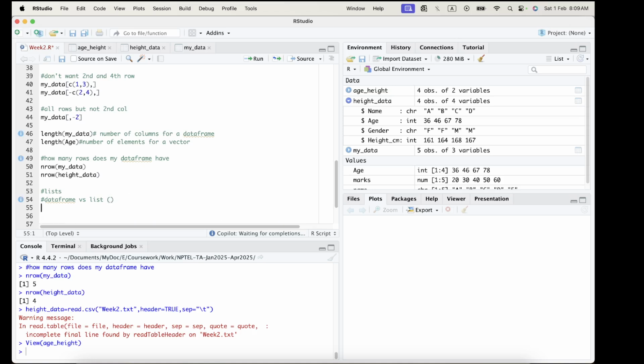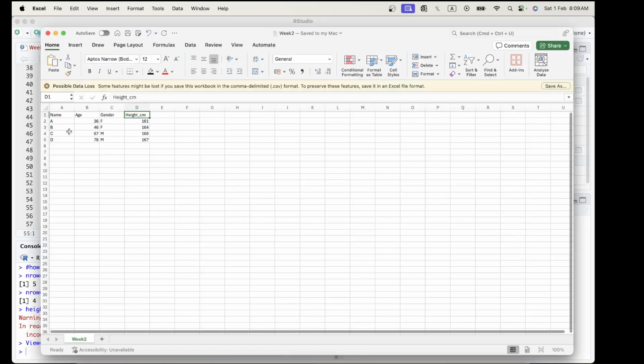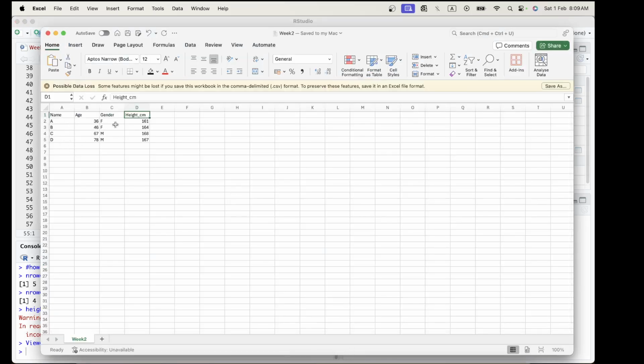So what I mean to say is that if I have something like this, then I can store it in a data frame. But let's say I have different data types and different lengths.